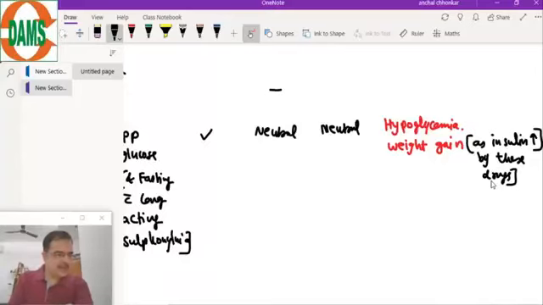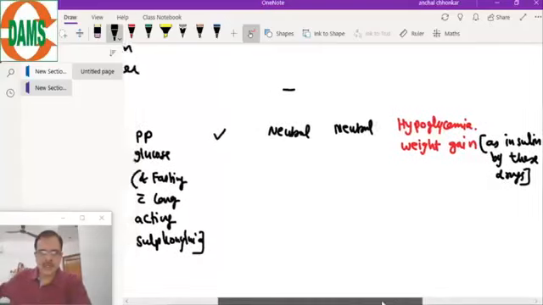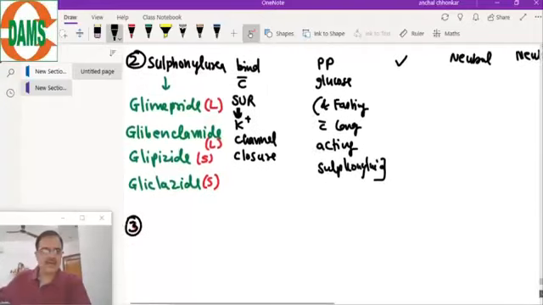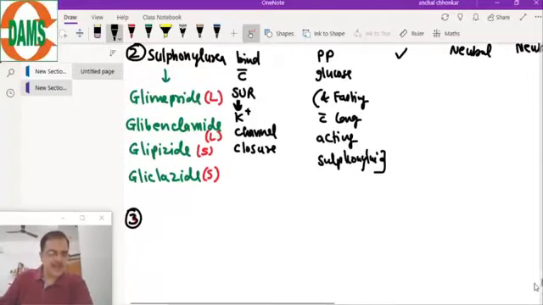It depends on which sulfonylurea you are giving. Glimepiride is the most commonly given sulfonylurea, and the maximum dose of glimepiride is 8 milligrams per day. Glimepiride is 5 to 10 milligrams.